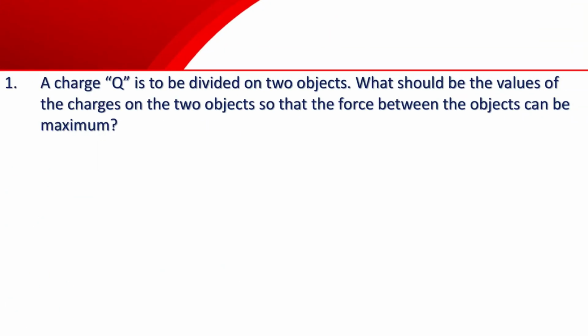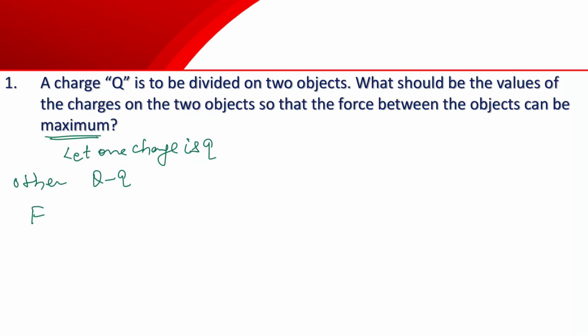So question number 1. A charge Q is to be divided on two objects. What should be the value of charge on the two objects so that the force between the objects is maximum? Okay, the force is maximum between these two divided charges. So let one charge be q, then the other will be Q minus q.